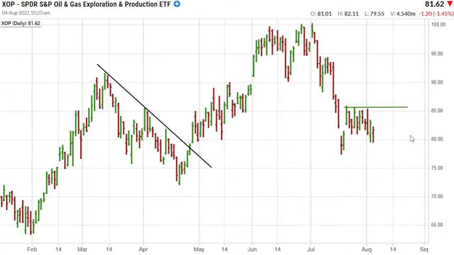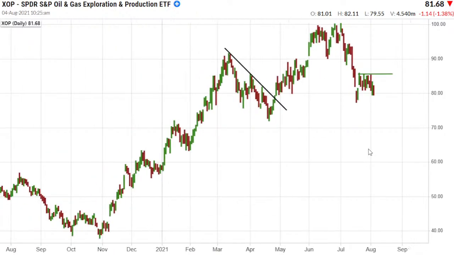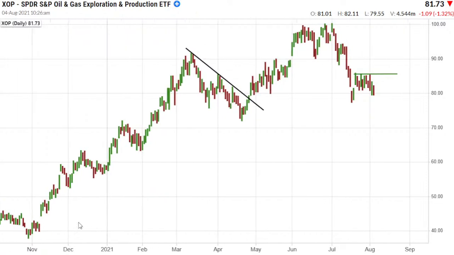That's going to take some time though. So this is still kind of on hold, waiting for this pullback to run its course. You can see a couple of similar consolidations back over here. It ran up, consolidated for a while, took another leg up. Same thing here.